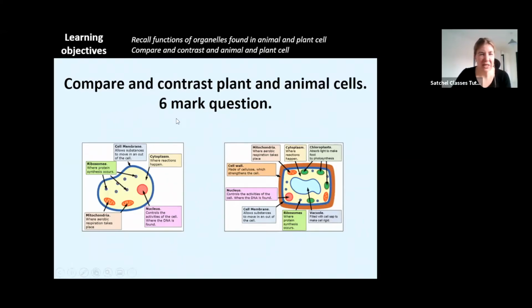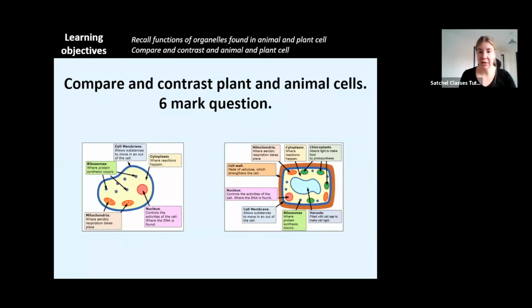So if you're a person that gets a little bit confused with their writing, or maybe it's not very precise, I would suggest giving 6 bullet points. I don't usually say in a GCSE to write bullet points, but maybe just for now, while you're organising your thoughts, it's 6 marks, so I'm going to give them 6 bullet points, or just 6 sentences. And I'm going to say, well, plant and animal cells both have blah, blah, blah.